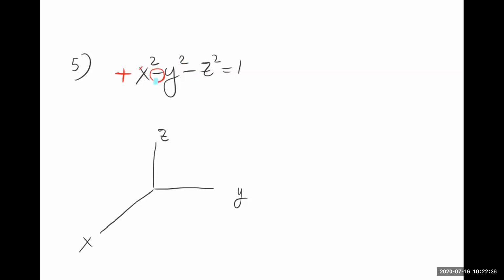You can choose x or y. I would tell myself, look at z equals 0. z equals 0 is this plane here, right? If z is 0, x squared minus y squared minus z squared equals 1, so x squared minus y squared equals 1, right?